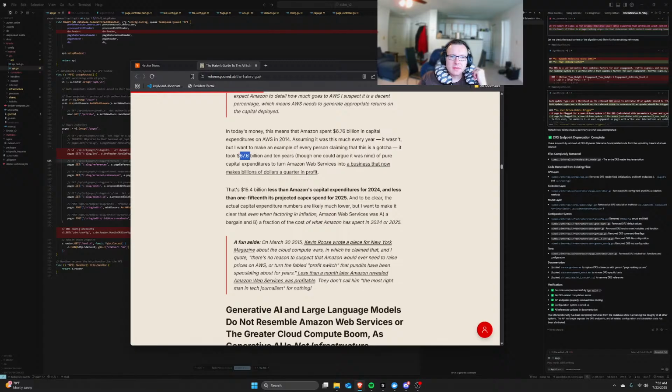It took $67.6 billion in 10 years of pure capital expenditures to turn it into a business that now generates billions of dollars a quarter in profit. Okay, $15.4 billion less than Amazon's capital expenditures for 2024, and less than 1/15th of its projected capex spend for 2025.